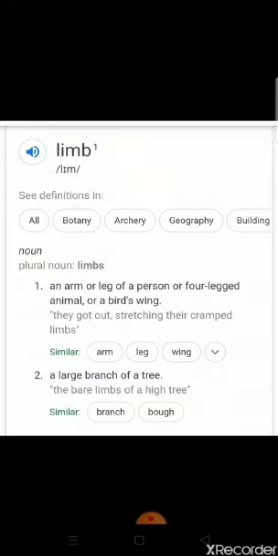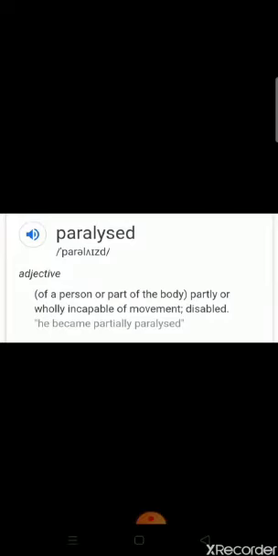She is not able to move her leg or arm or her head. She is completely paralyzed. What is the meaning of paralyzed? Unable to move or act. So paralyzed means someone who is unable to move or act, a disabled person.